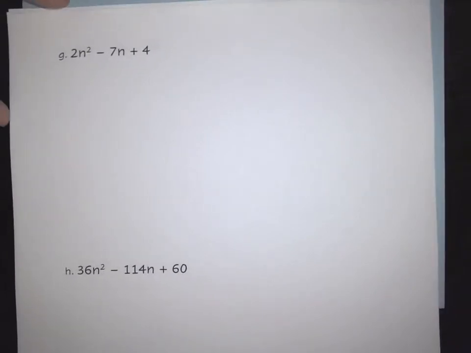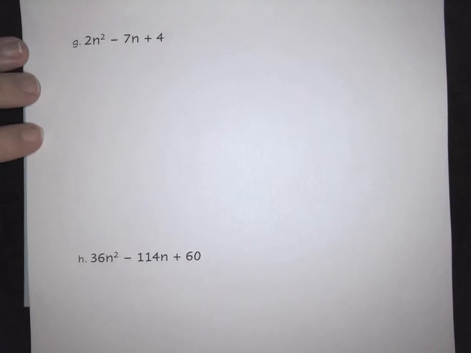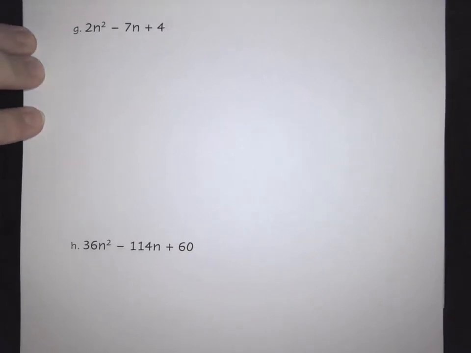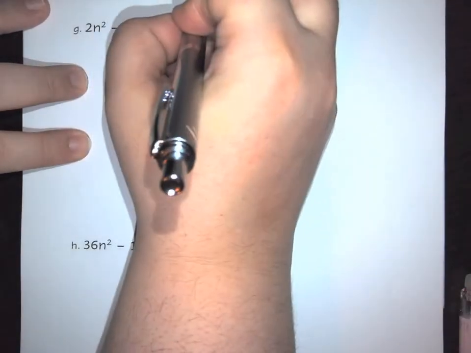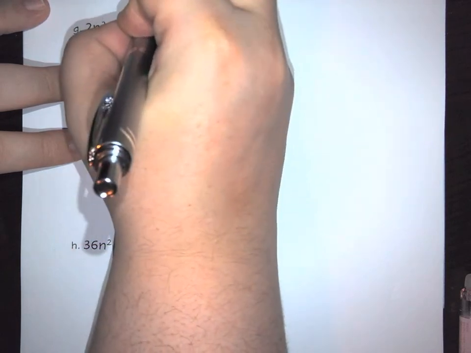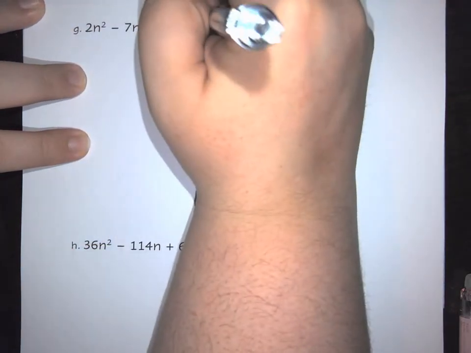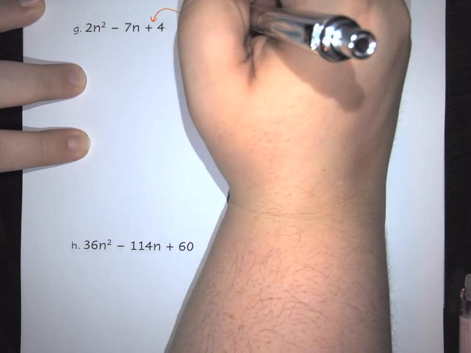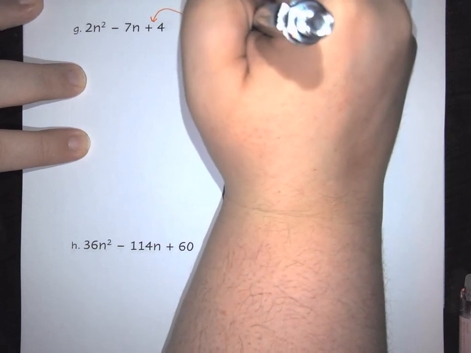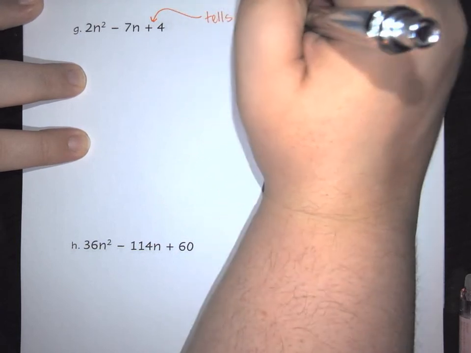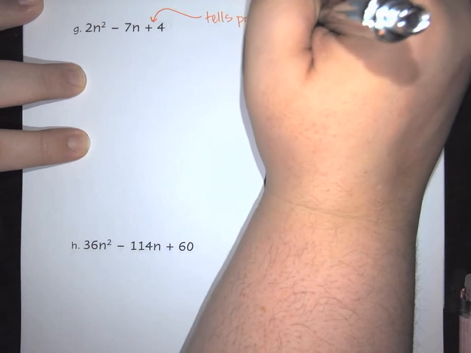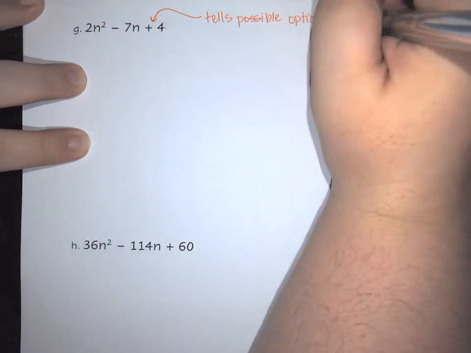Alright, let's go ahead and take a look at another one. So again, first and foremost, we need to identify the important pieces that we have. And so here we have this first piece right here. So again, this tells the possible options to choose.